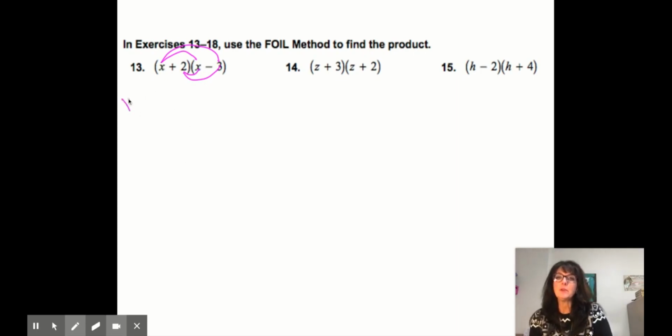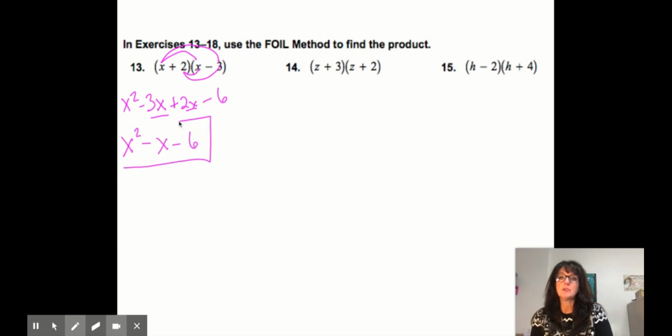So the first term becomes x squared minus 3x, because you have x times negative 3, then 2 times x, which is a positive 2x, and then 2 times a negative 3, which is a negative 6. So the two that are like terms are right here in the middle. You have a negative 3x plus 2x, so we get x squared minus x minus 6 as our simplified product.